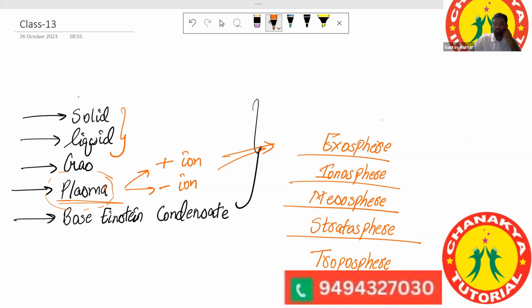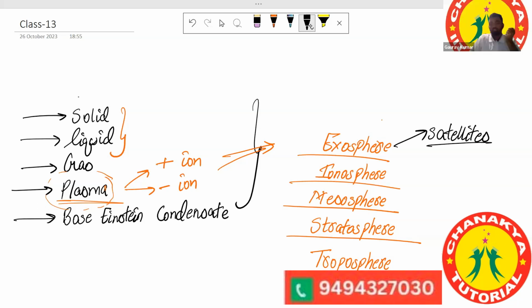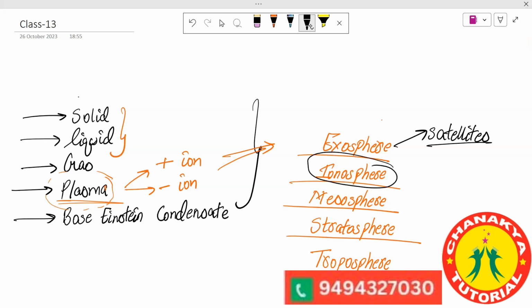Where mostly satellites are placed. I think ionosphere is between stratosphere and mesosphere. Yes, you can say that the ionosphere is between mesosphere and exosphere. Okay, just to distinguish it, sir, then what is thermosphere?